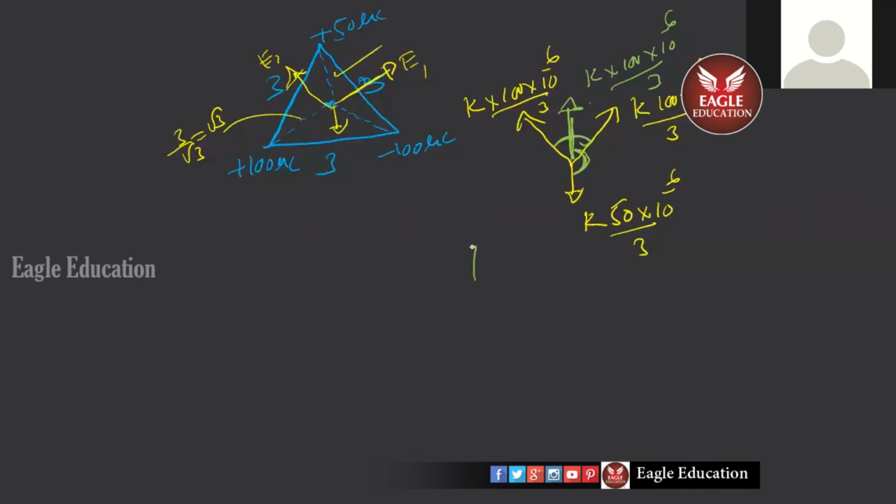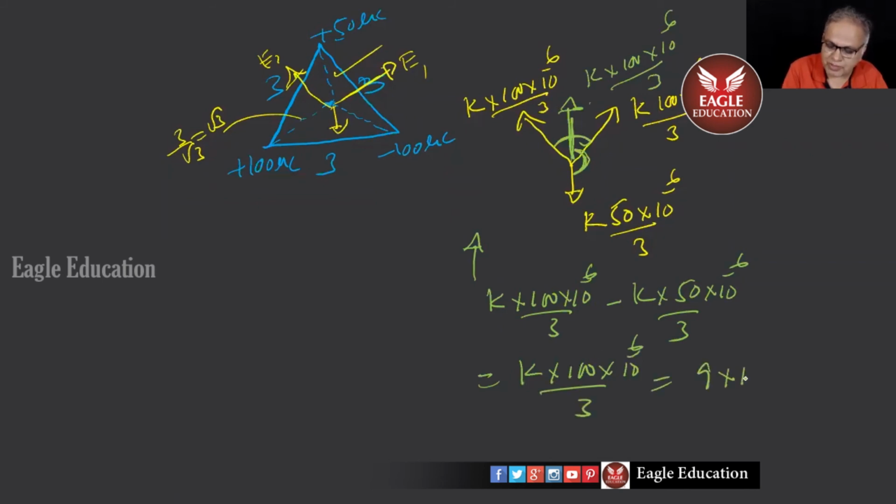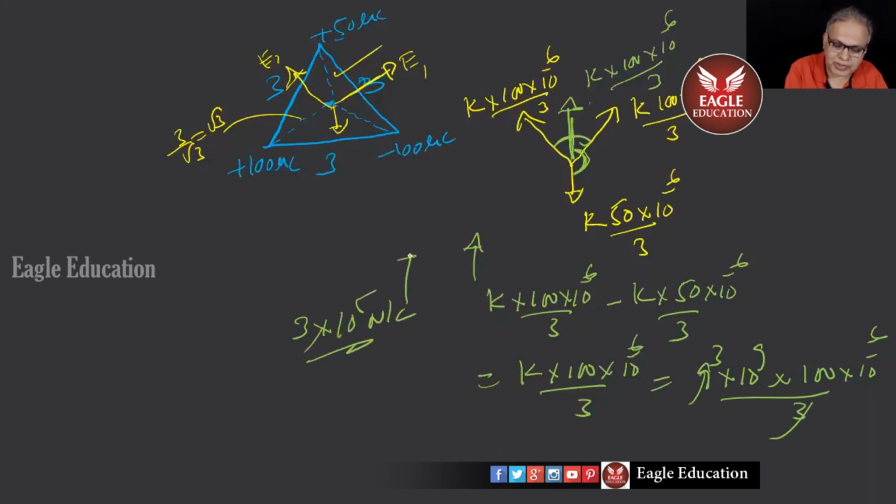So the net field is upwards with the value of K into 100 into 10 to the power minus 6 by 3 minus K into 50 into 10 to the power minus 6 by 3, which is K into 50 into 10 to the power minus 6 by 3, which is 9 into 10 to the power 9 into 50 into 10 to the power minus 6 by 3. So what will I get now? 3 into 10 to the power 5 Newton per coulomb upwards. So at this point, this field's contribution is there.